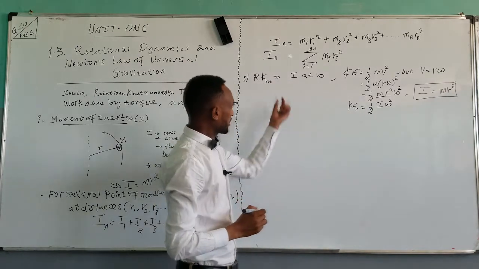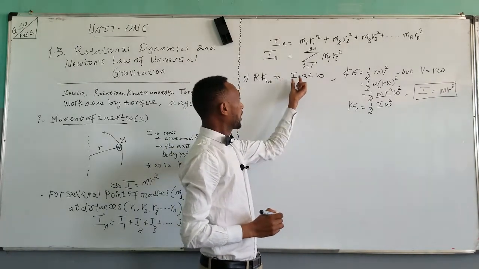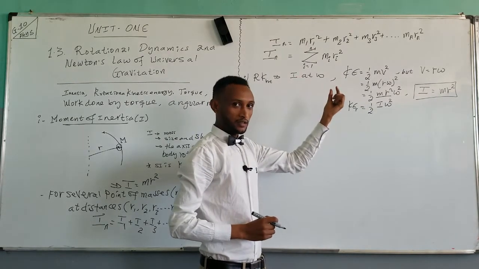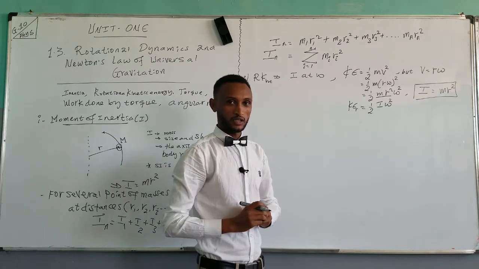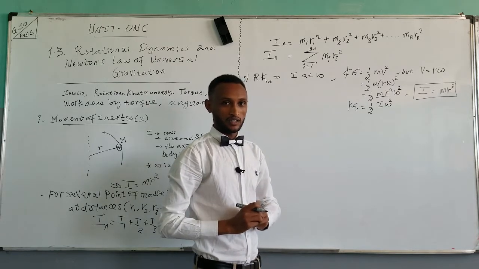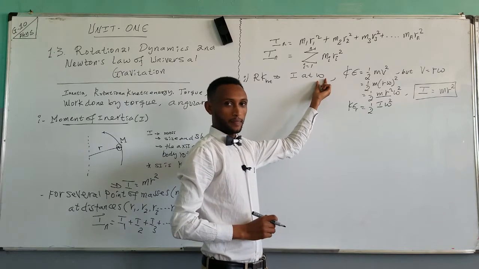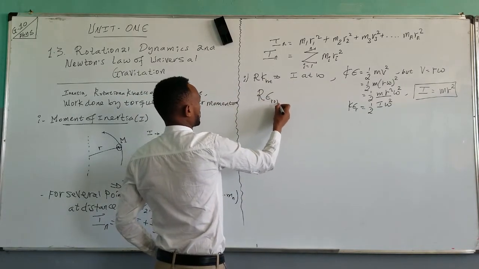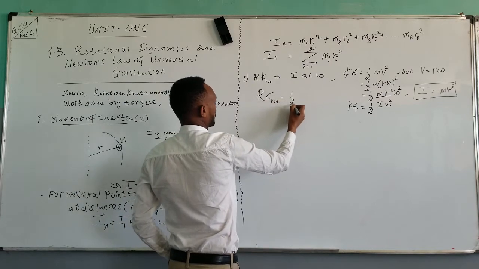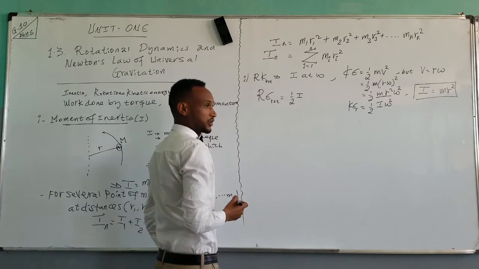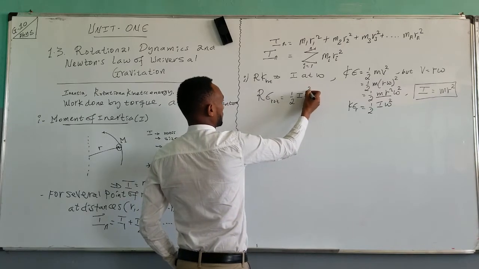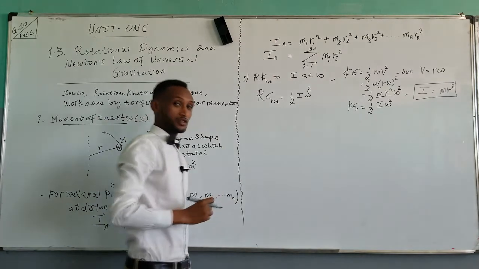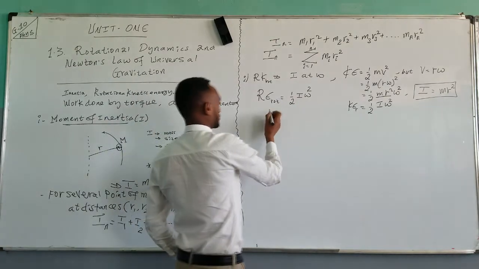Because the rotational kinetic energy is the energy by which a body of moment of inertia rotates on a circular path with an angular velocity. So the rotational kinetic energy is given as half of the moment of inertia of a body times the angular velocity squared. Since it is a form of energy, its SI unit is joule.